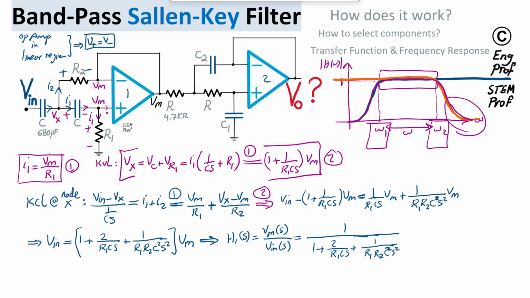Then multiplying both numerator and denominator by s squared to clean up, I get s squared divided by s squared plus 2 divided by R1 Cs plus 1 over R1 R2 C squared.